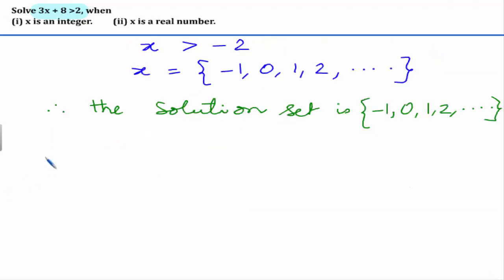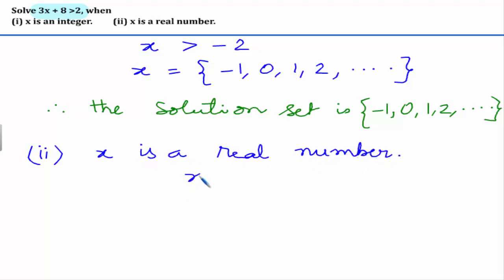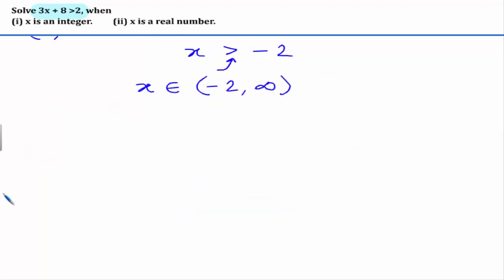Let's see the second condition now. It says that x is a real number. The solution is x > -2. Now x belongs to (-2, infinity), because I have used an open interval here since it is only greater than, and to positive infinity. So therefore the solution set is that.